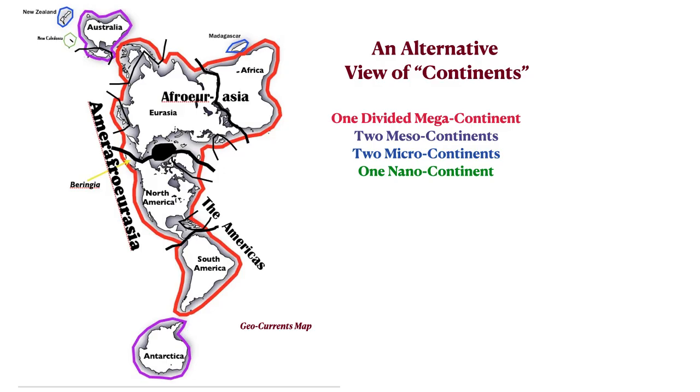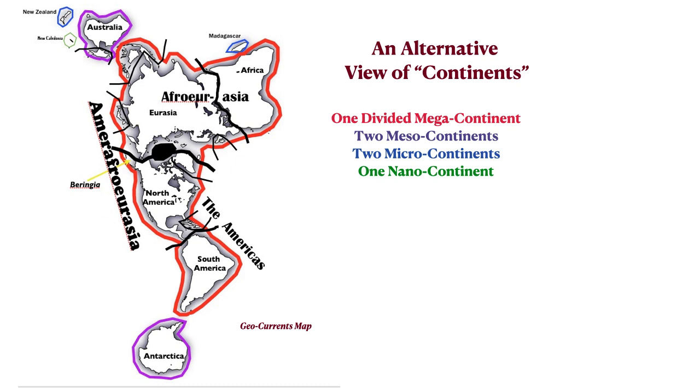So, considering all of this complex geological history, we can get an alternative view of continents. This is a map I made probably 15 years ago, showing just an alternative view based on a polar projection so that you can see the close connection between North America and Eurasia. And because of connections between South America and North America, Eurasia and Africa, we really get one divided megacontinent.